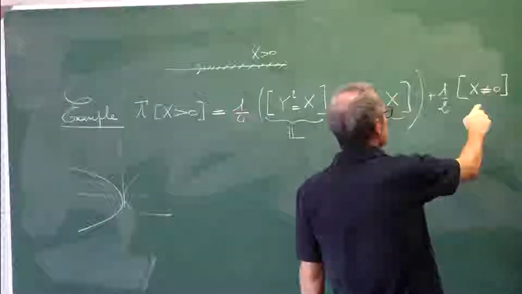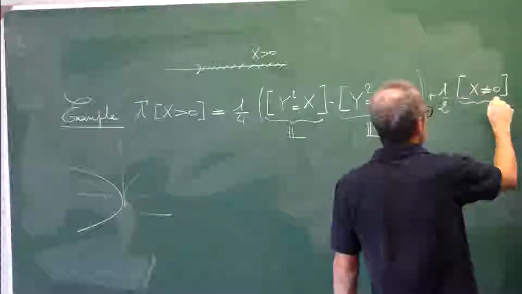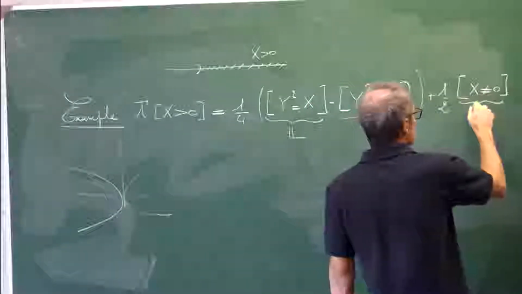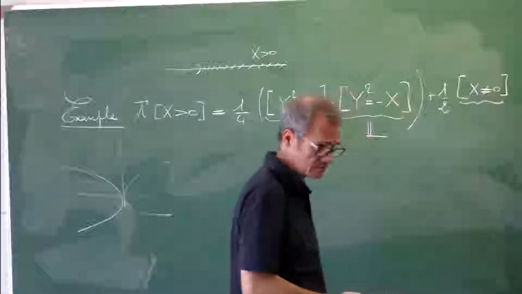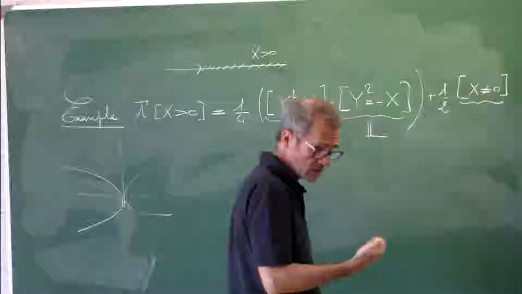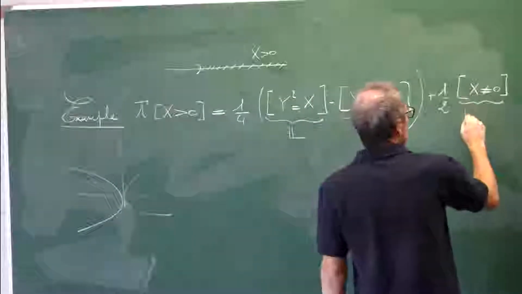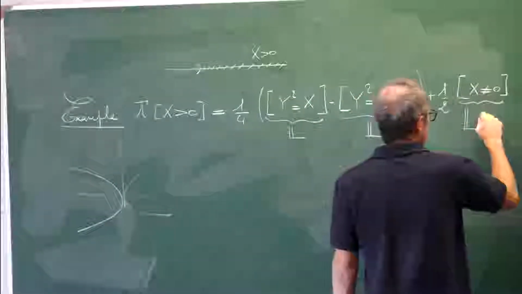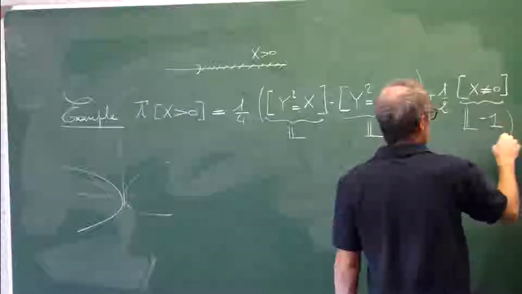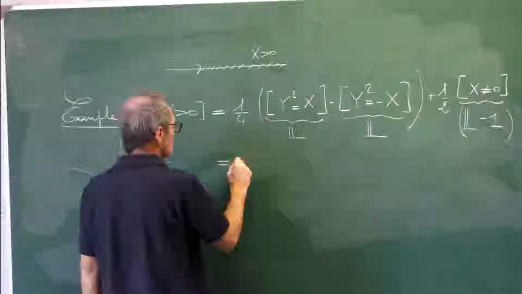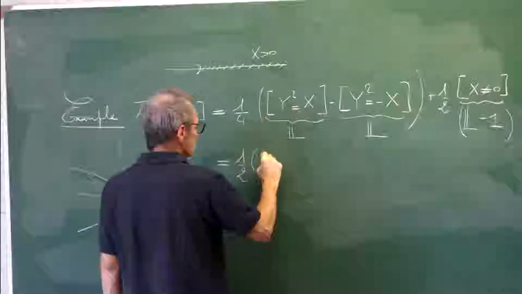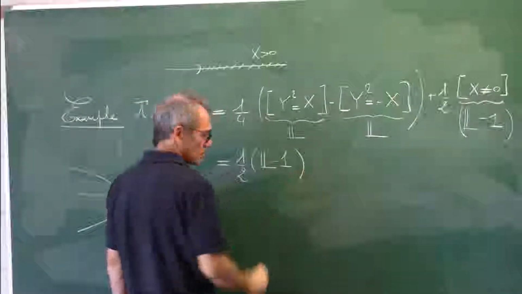And here what I have is the real line minus a point in the Grothendieck ring of algebraic varieties. So by additivity, I have L minus 1. So it gives 1 over 2 times (L minus 1).